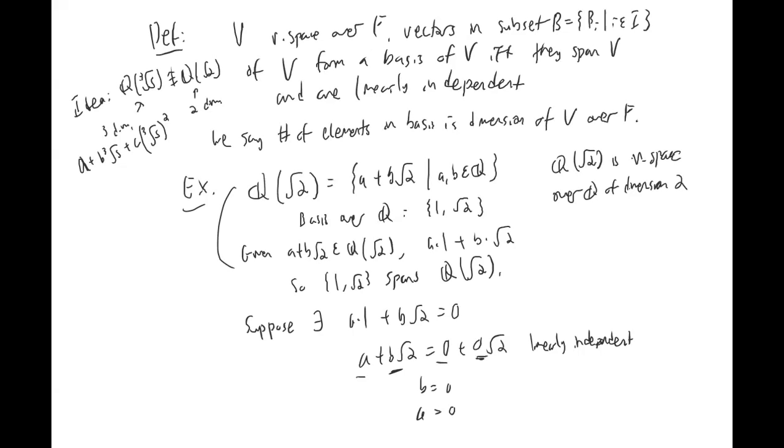This is three-dimensional. In fact, I don't think you even need that. You could just say the dimension is the degree of the irreducible polynomial over Q, and this is the degree of the irreducible polynomial of root 2.